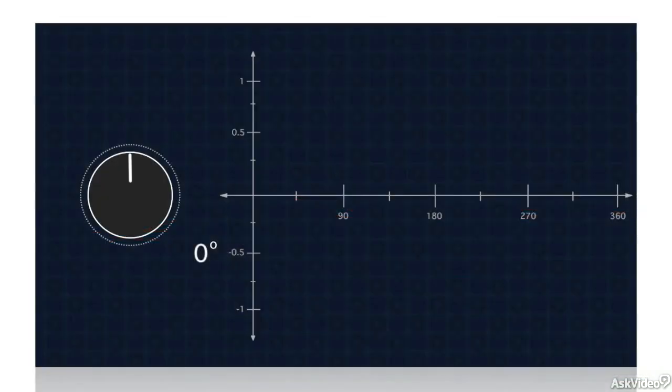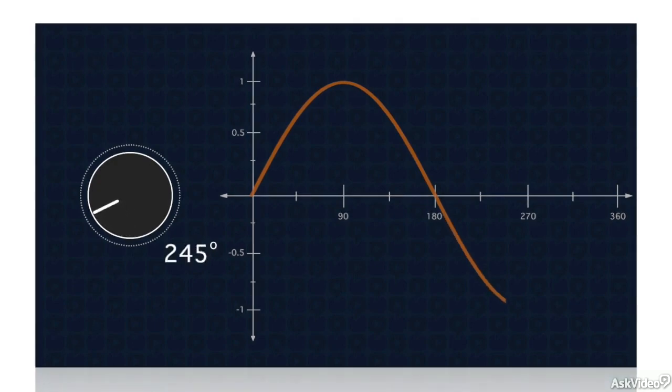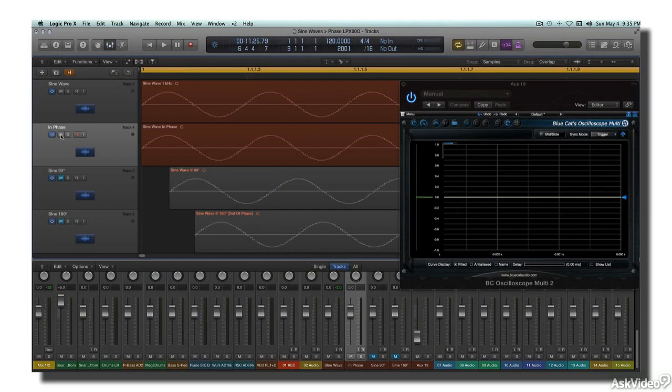The duration of a cycle of a sound wave is measured in degrees of phase from 0 degrees through 90 degrees, 180 degrees, up to 360 degrees. If a delayed reflection is at 0 degrees relative to the original direct wave, you'll get reinforcement of the sound.